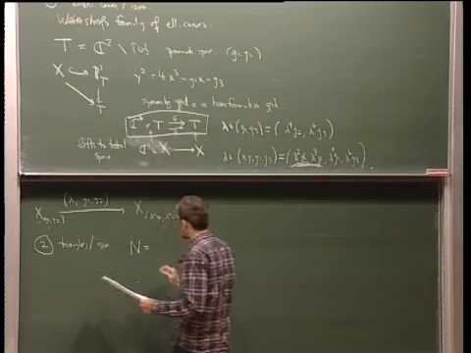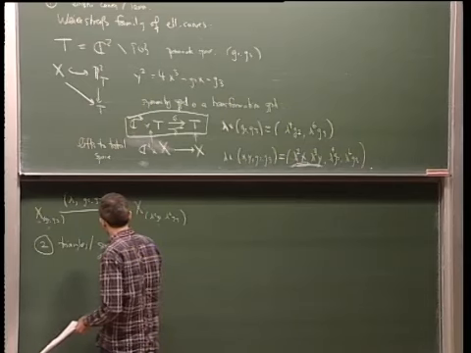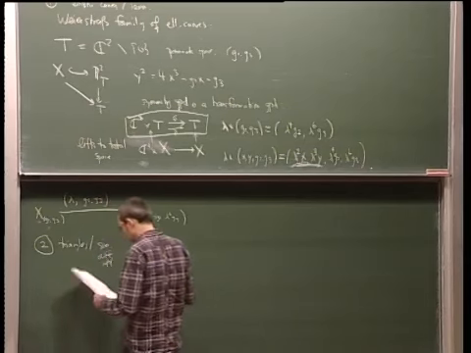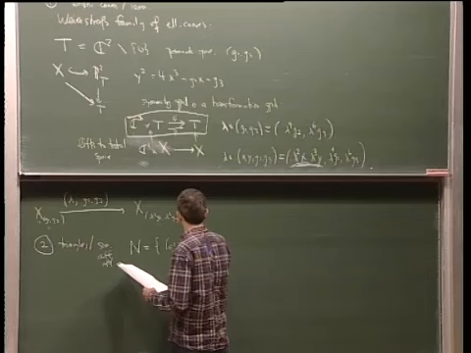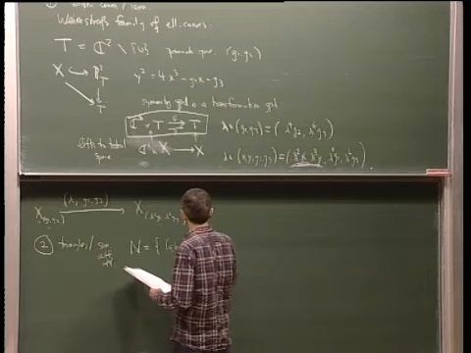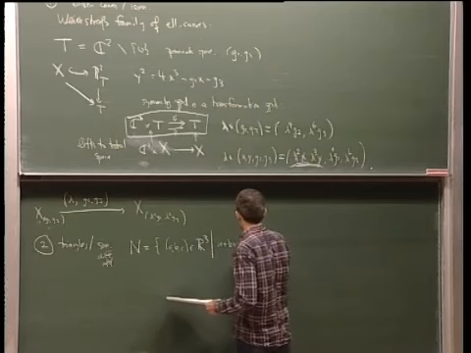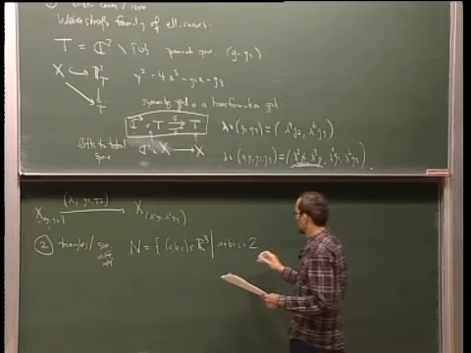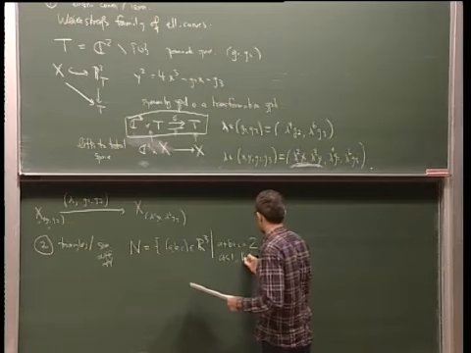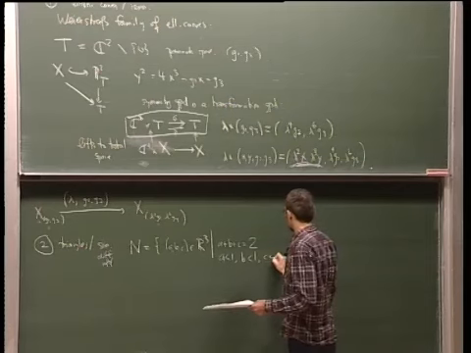So this is a differentiable manifold N, which is the following. It is the set of all A, B, C in R3 such that the sum of A, B, and C is 2, and A, B, and C are all less than 1.